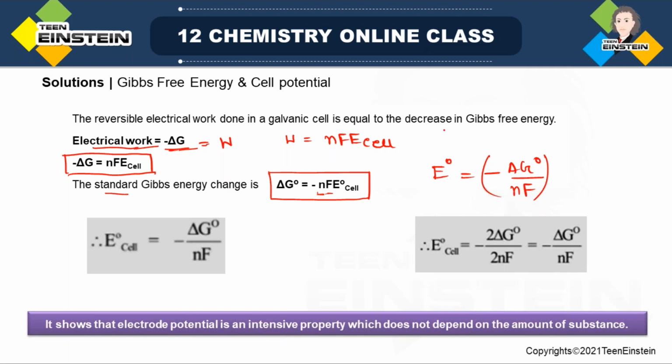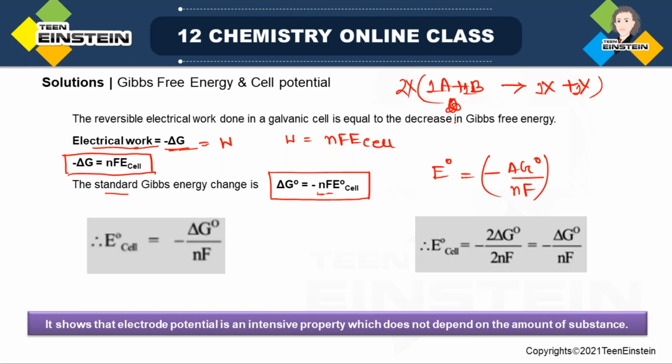And remember, suppose I consider the reaction A plus B gives X plus Y, where 1 mole of electron is involved. Suppose the coefficients are 1, but we do the reaction by multiplying both sides by 2, so now it will be 2A plus 2B equal to 2X plus 2Y.